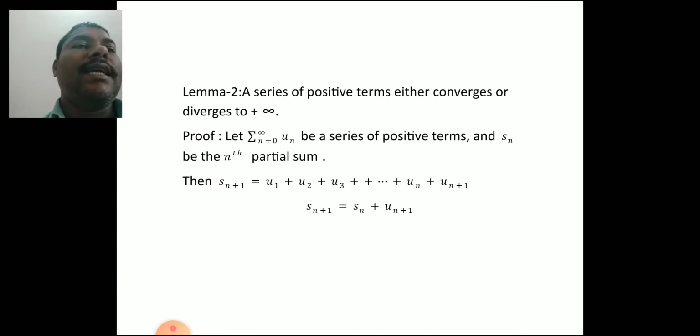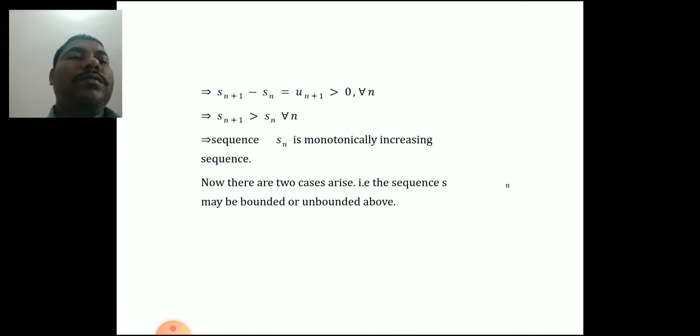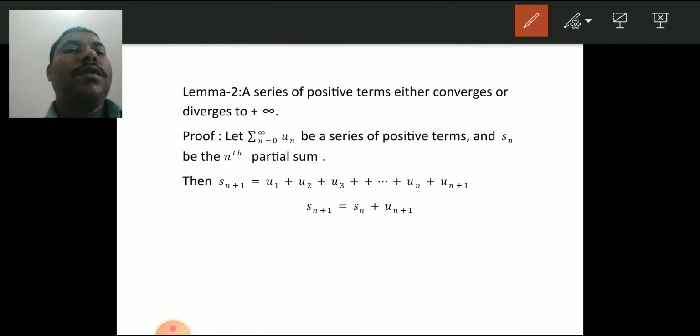Next, second lemma. A series of positive terms either converges or diverges to plus infinity. Proof: let summation n equals 0 to infinity un be a series of positive terms and Sn be the nth partial sum. Then Sn plus 1 is equal to u1 plus u2 up to un plus un plus 1.